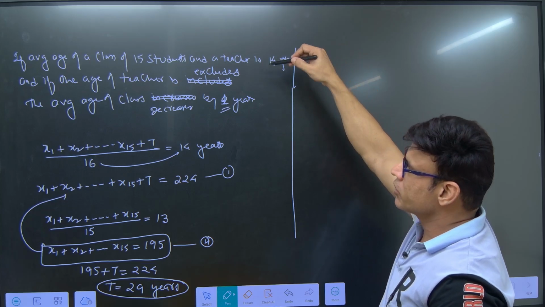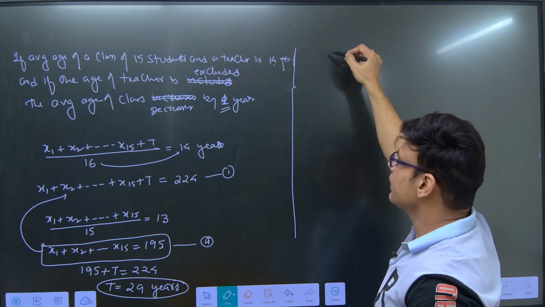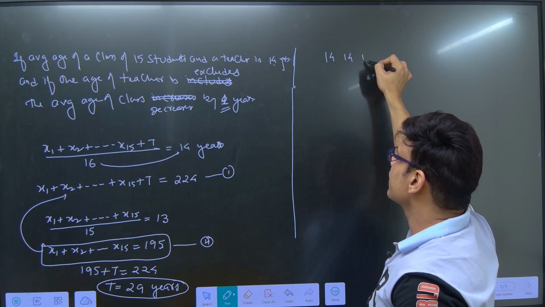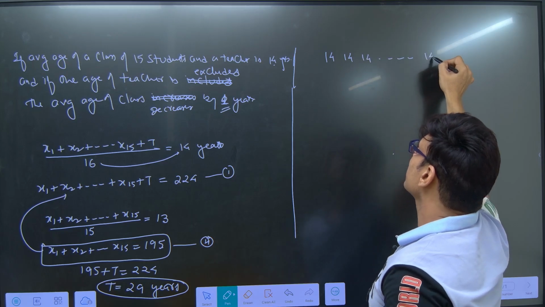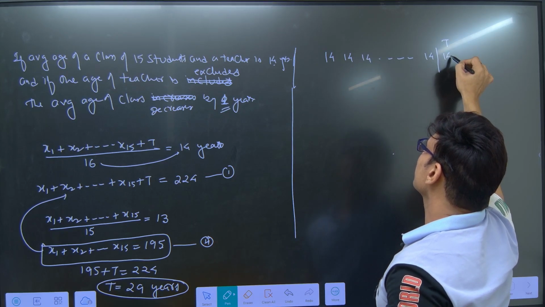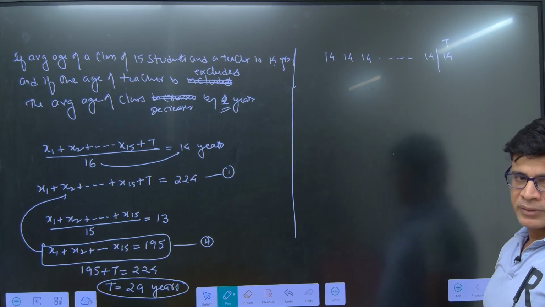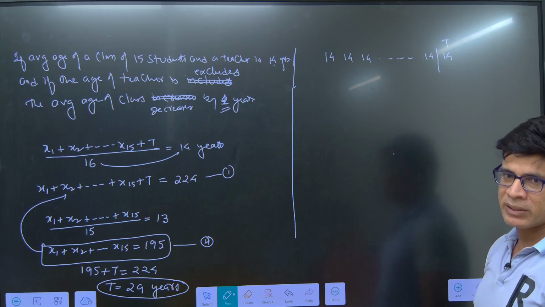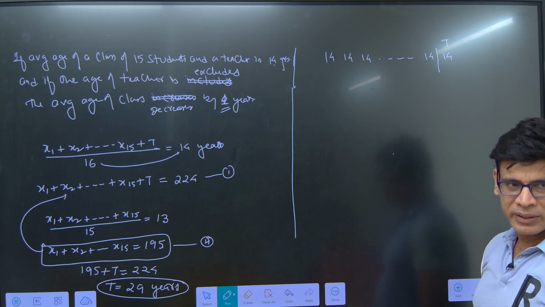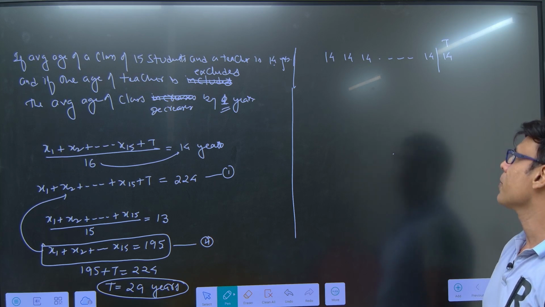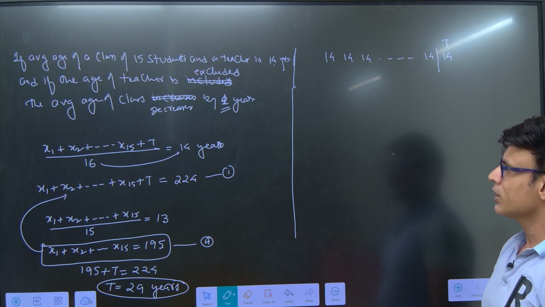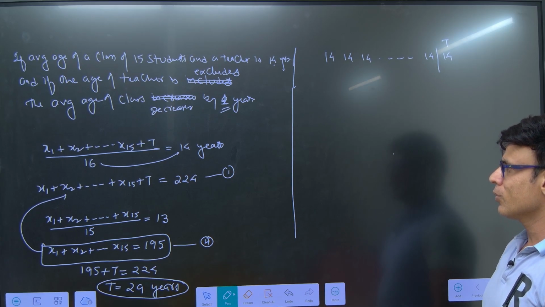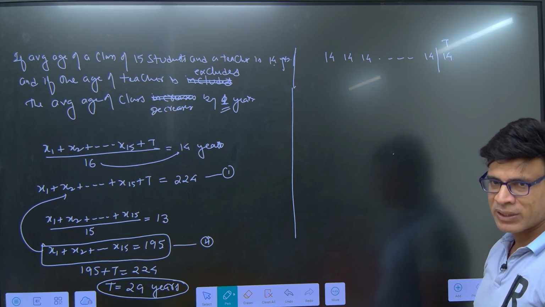So, the average age of a class of 15 students is 14 years, right? Including the teacher. So, suppose everyone has 14 chocolates. 14 chocolates. And the teacher also has 14 chocolates. Now, the teacher wants to go out of the class because of some unruly behavior by the backbenchers. So, the teacher decided to move out of the class. She got angry. She decided to come out of the class. And when she came out, she took the number of chocolates, whatever she has with her.